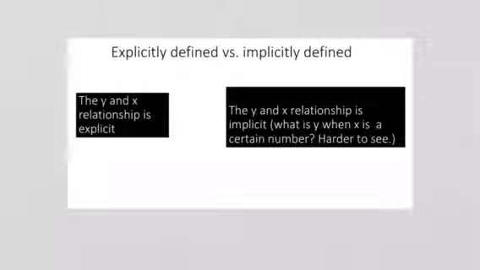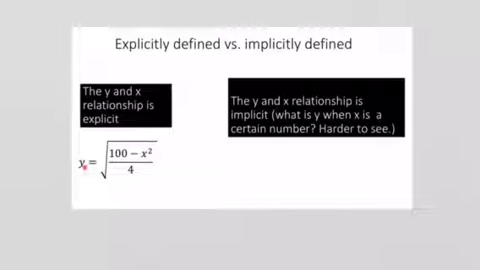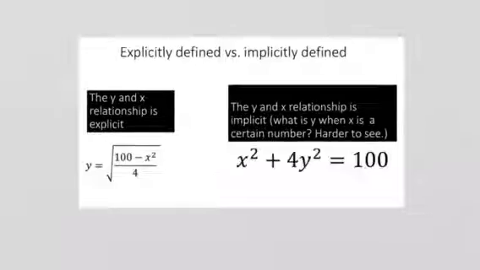An explicit function is a function where the y and the x relationship is explicit. We can clearly see how y relates to x. y equals this relationship with x, 100 minus x squared over 4 square rooted. So we know exactly how y depends on x. But if y and x are implicitly defined, it's really unclear how y and x are related.